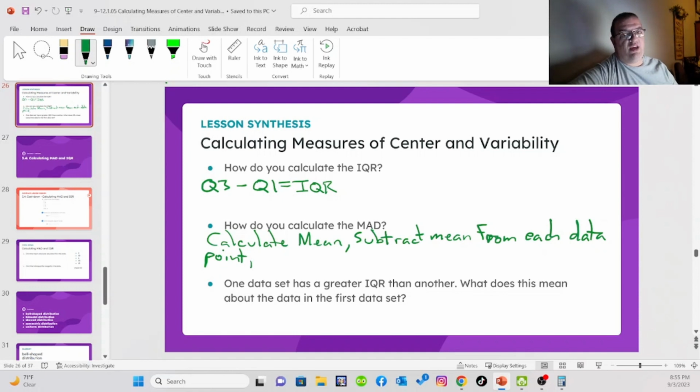Then we take each value that we just got for our deviation and we make them positive.